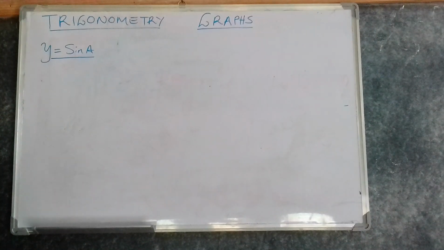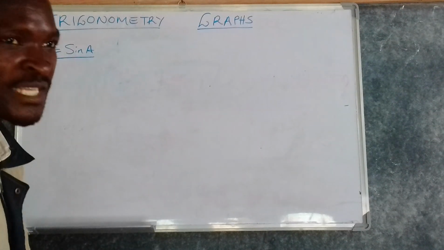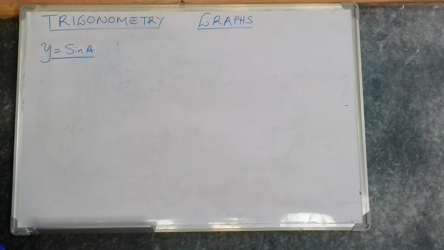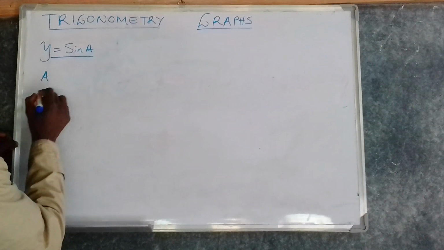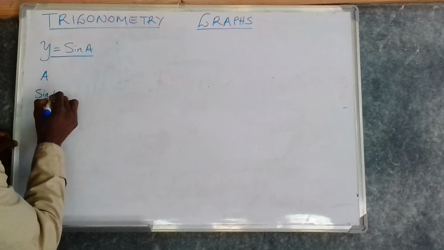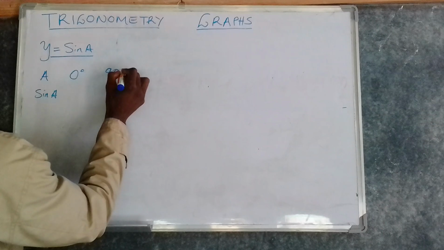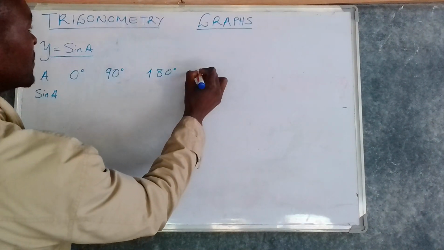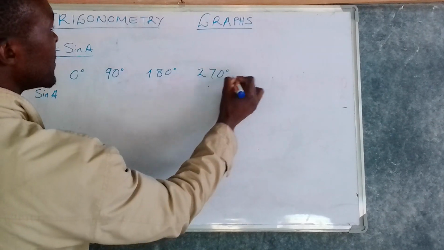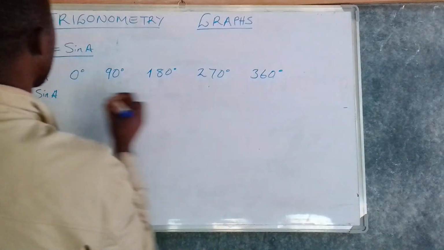So, what we are going to do, y equals sine A. As I gave, the range is supposed to be from 0 degrees to 360 degrees. Therefore, the way of drawing the table will be A and sine A, then 0 degrees, 90 degrees, 180 degrees, 270 degrees, then 360 degrees.